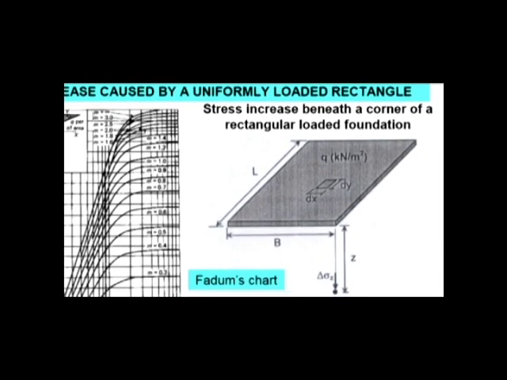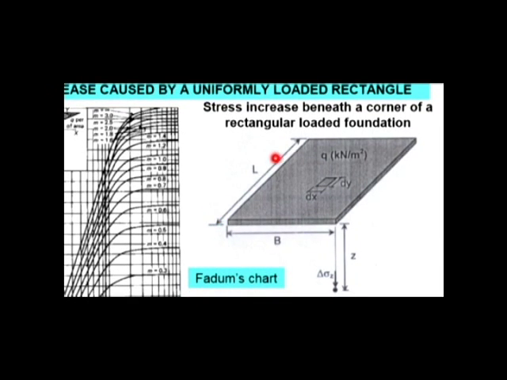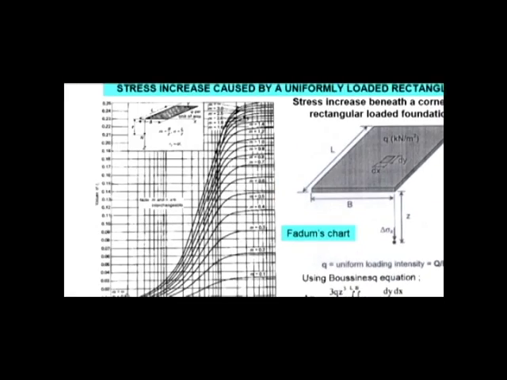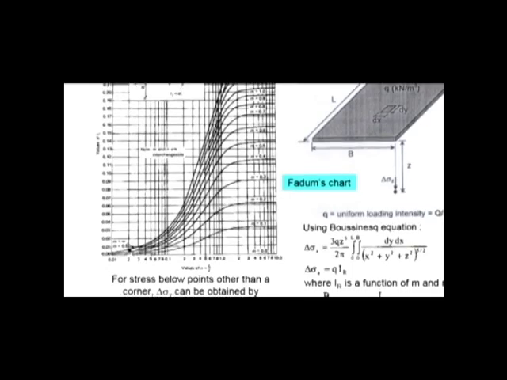So you have B, you have L, because you need to determine L over Z and B over Z to get the IR from the Fadum's chart.